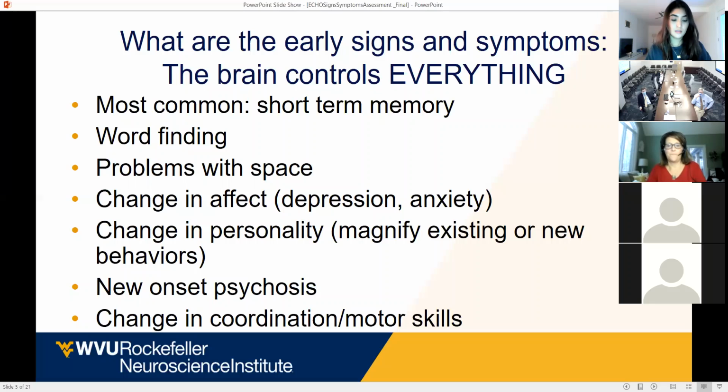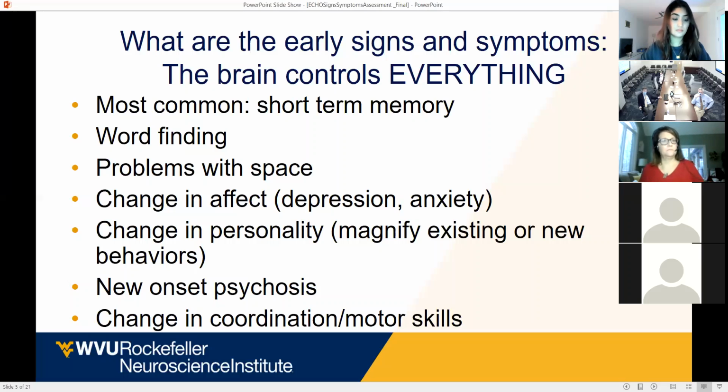And that can be the first symptom that you see. Again, remember, it depends on where in the brain the degeneration is happening. If it's happening in areas controlling some of these complex behaviors, that can be the first symptom you see. Hallucinations and delusions are pretty common. They're really common in patients who have Lewy body dementia, but they're also common with the other dementias. There's not a dementia out there that doesn't have those kinds of psychotic symptoms at some point.